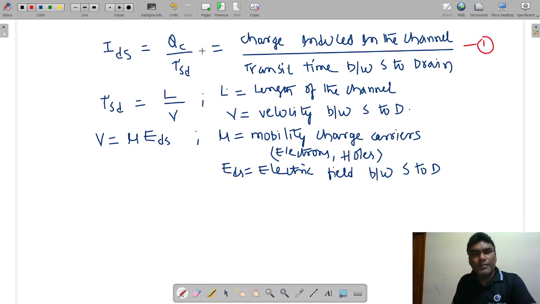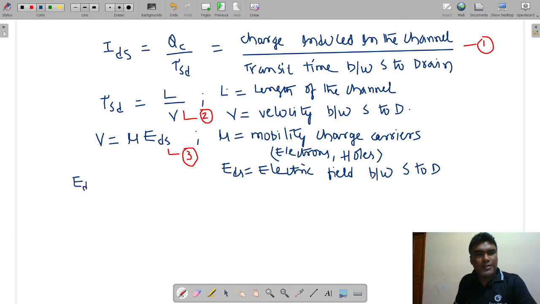IDS is the current flow from drain to source, and it depends on the charge carriers from source to drain and the transit time between source and drain. And tau SD is length by velocity, equation number 2. And the velocity V is equal to mu into EDS, let us take this as equation number 3. Now what is EDS?